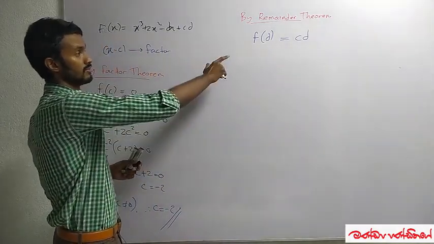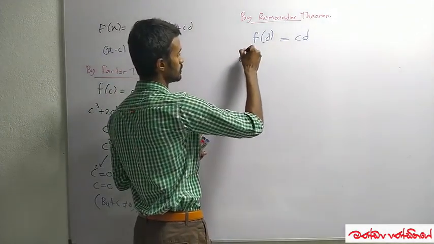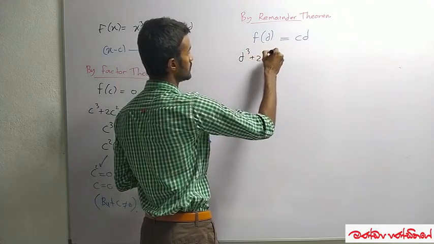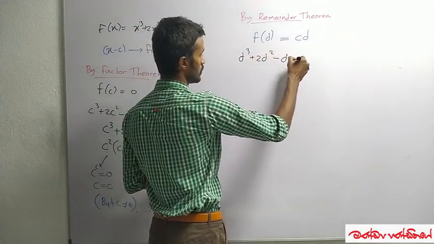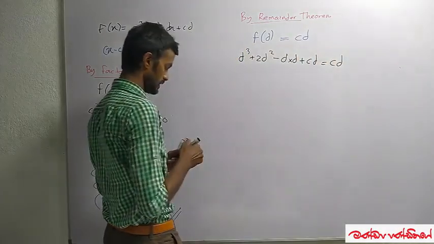So we can get f(d) when we substitute d for x in here. I get d³ + 2d² − d·d + cd = cd.